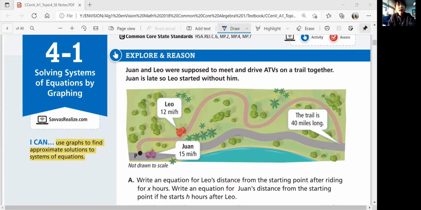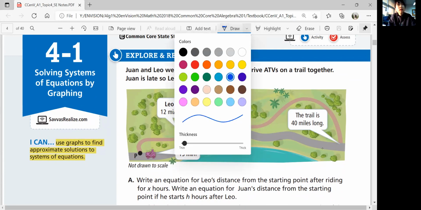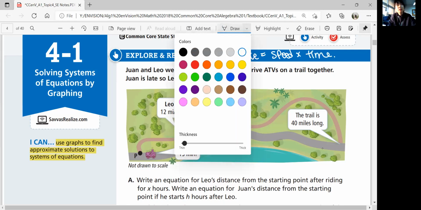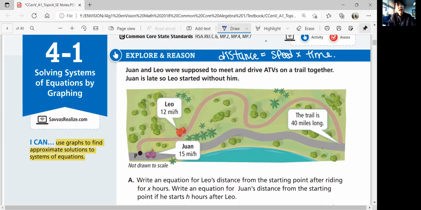In order to figure out the time for this problem, you need to know one important thing, which is that distance is equal to speed times time. In other words, time should equal distance divided by speed.